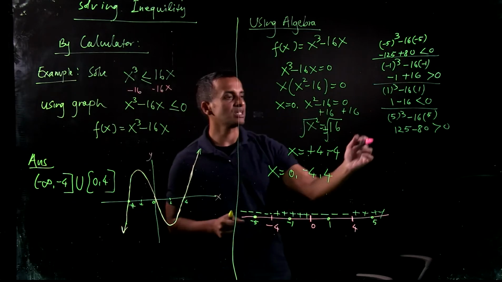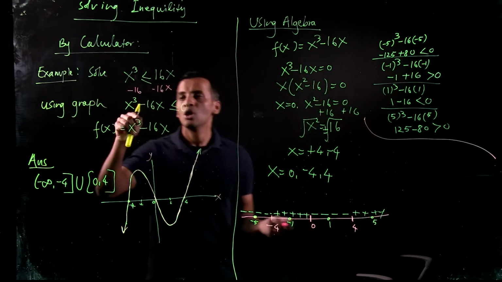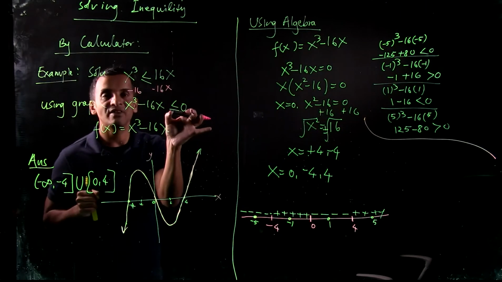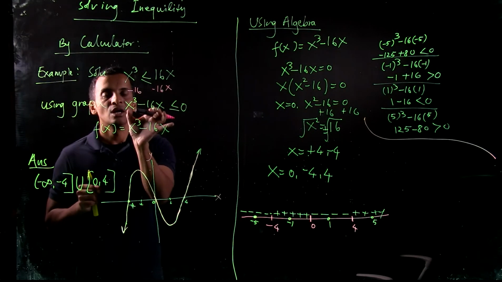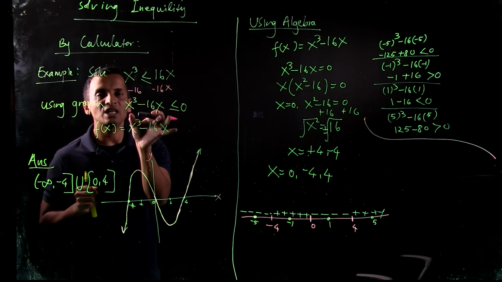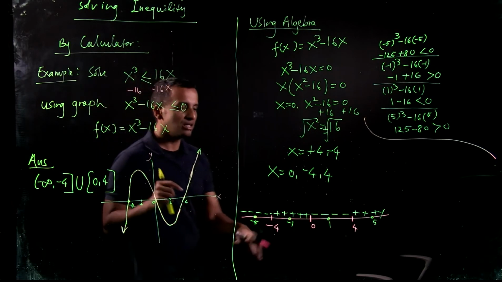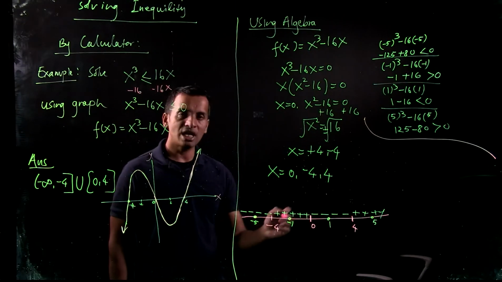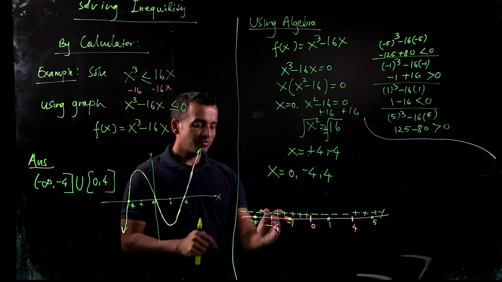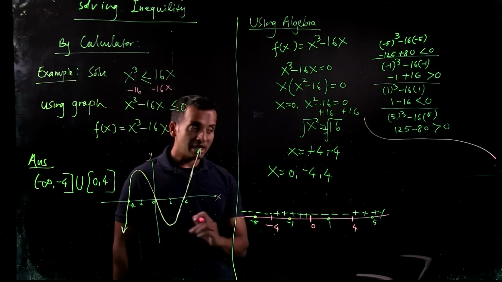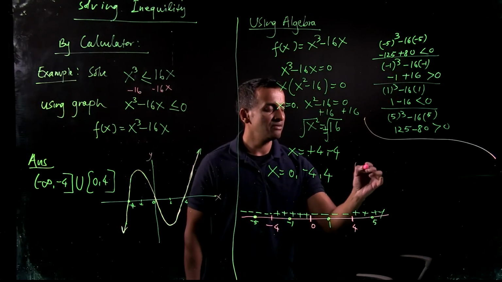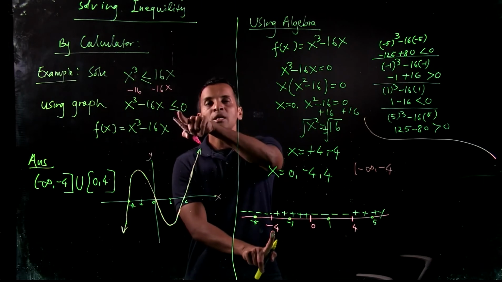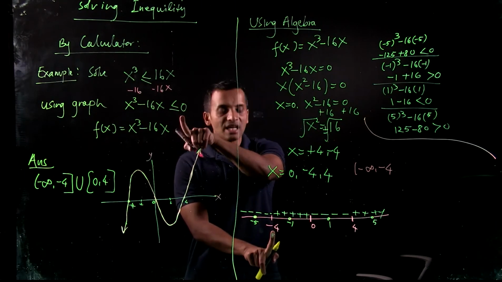So what are the solutions then? We are interested only in the values of f(x) that are below the x-axis, or negative values of y or f(x). We are interested in the values of x where y is negative, right? So here these are the places where y is negative. It looks like left of -4, that is -infinity to -4, but we are interested in below the x-axis or on the x-axis.